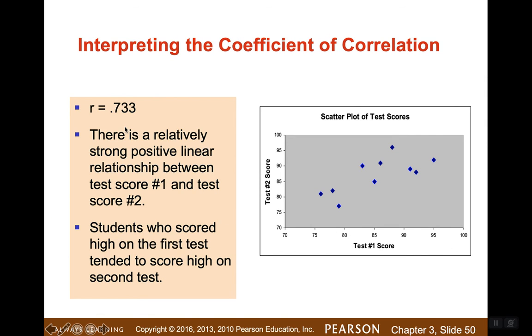So if we say 0.733, there was a relatively strong positive linear relationship between test score 1 and test score 2. What that means in real life is that the students who scored high on the first test also tended to score high on the second test. So if we have one value, it gives us an indication of its relationship to the second value.